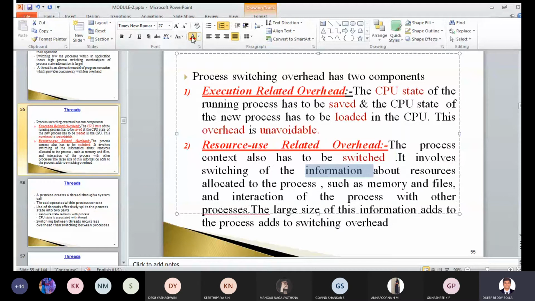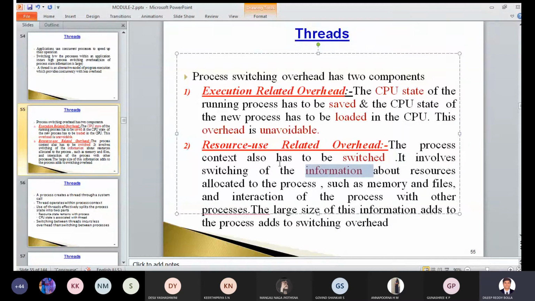So let us say process one requires access to the Bluetooth device. Whenever you are switching, the Bluetooth device access has to be disconnected from process one. If process one uses Bluetooth and process two uses Wi-Fi, the Wi-Fi resources have to be cut down and Bluetooth resource has to be given, or vice versa.